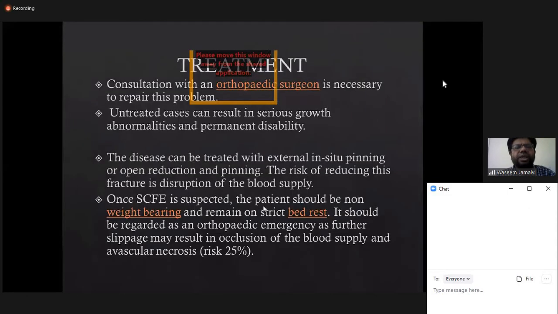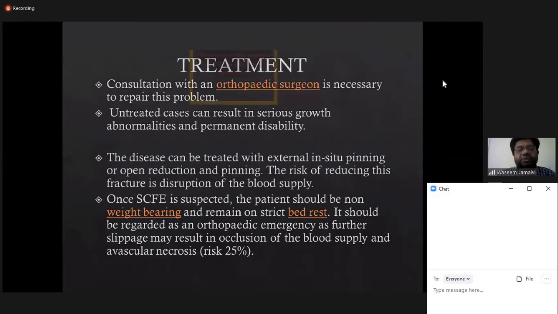So how can we treat this child? A consultation with the orthopedic department should be arranged, and sometimes it is necessary to surgically repair this problem. Untreated cases can result in serious growth abnormalities and permanent disability, leg length discrepancy, continuing waddling gait, and with weight bearing there is a chance of deterioration of the disease.